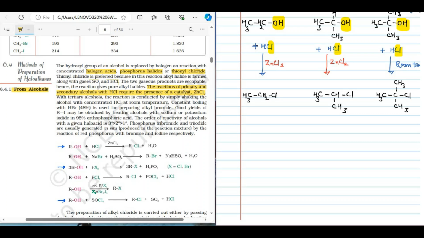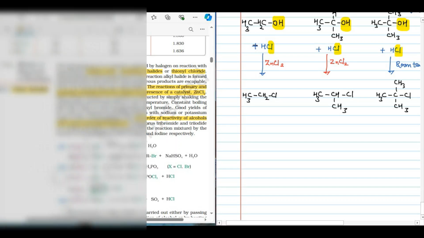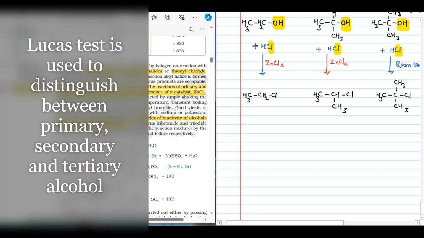Now let's read from the book. Here it is written that the order of reactivity of alcohol with a given haloacid is tertiary, secondary and primary. Because tertiary alcohol reacts with HCl without any catalyst and just at room temperature, that's why it is more reactive.